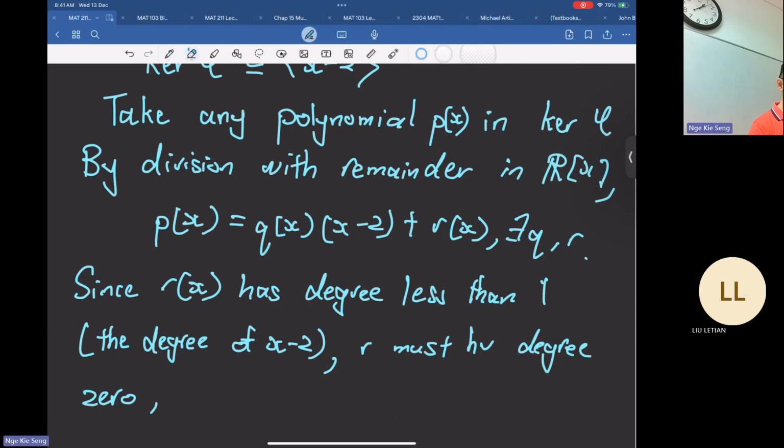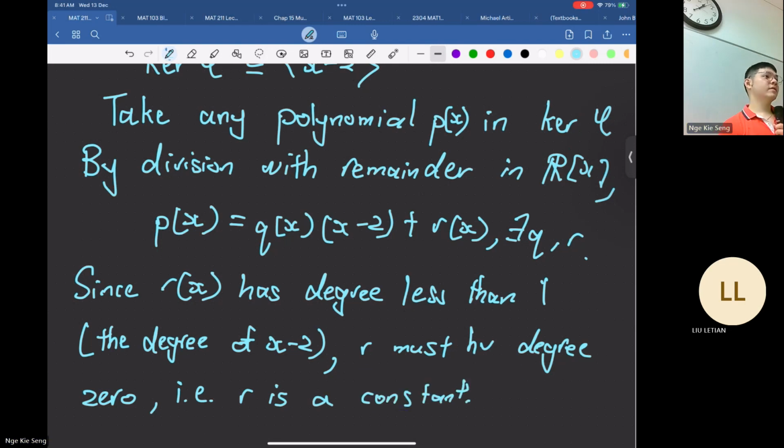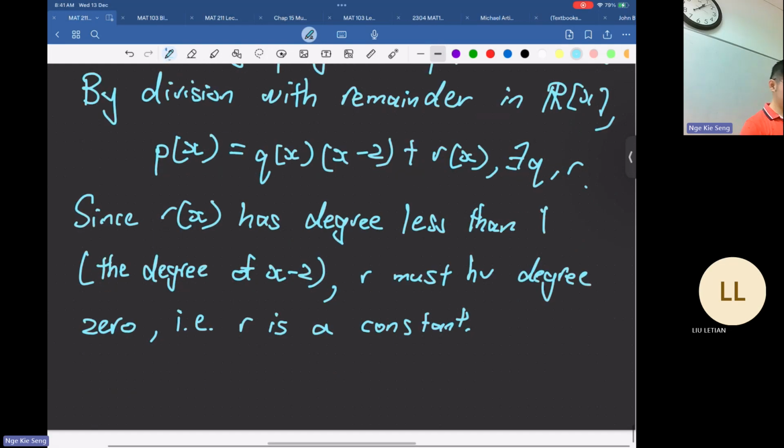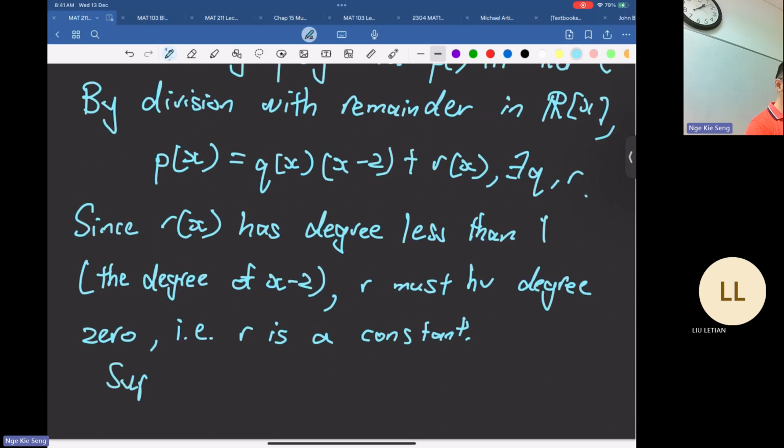That is, R is a constant. Suppose R is not 0. Okay, suppose R is not 0. What happens?